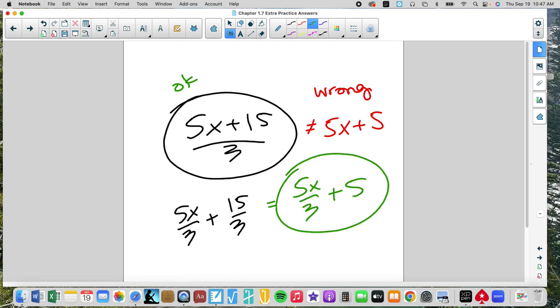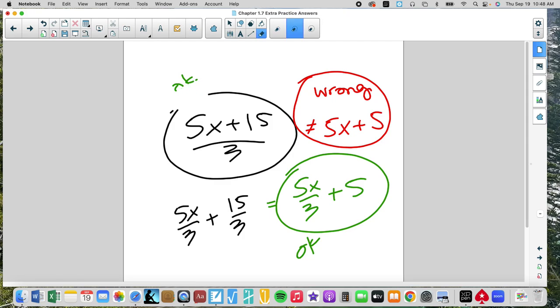This is also okay, but this would be wrong. Both of those okays are acceptable. You should talk to your high school teacher and see what format they want. Do they want you to simplify that or not? That'll be up to them.